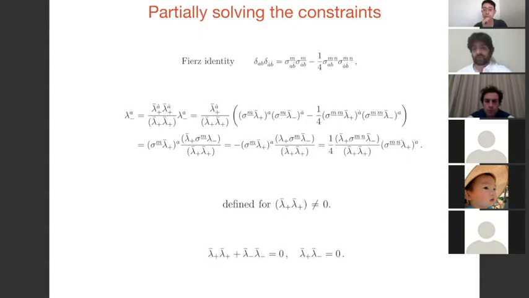Then you can take this lambda plus as unconstrained variables, and the remaining lambda minus is still constrained, and satisfies this constraint. So this is partially solving the constraint. Basically what it's saying is that these lambda plus, 8 of them, with A an SO8 index, are free, they are totally unconstrained.